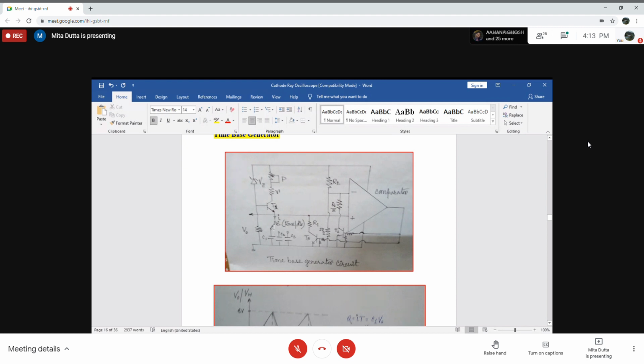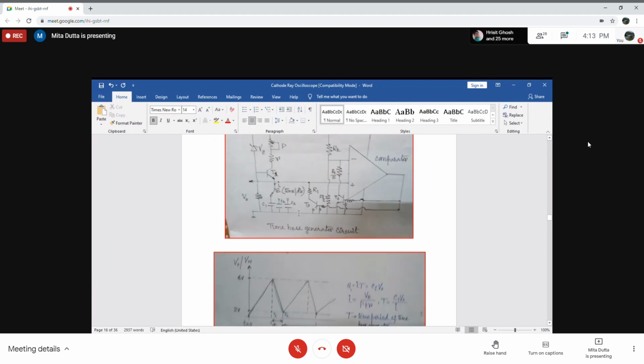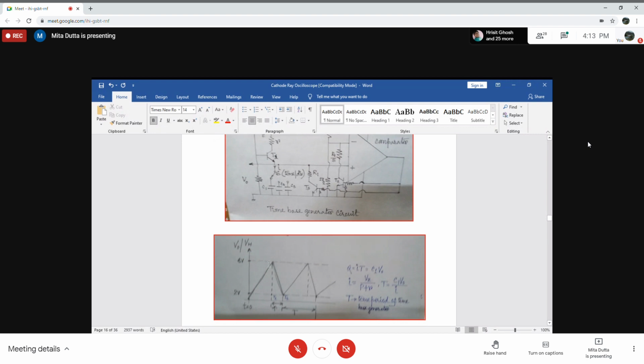And this is the switch which is marked as time per division. If we want to change the time, we will connect different values of capacitor. Now here, how will this time-base generator produce voltage? This is a sawtooth voltage, which is proportional to time, because V0, this output voltage, is proportional to time.